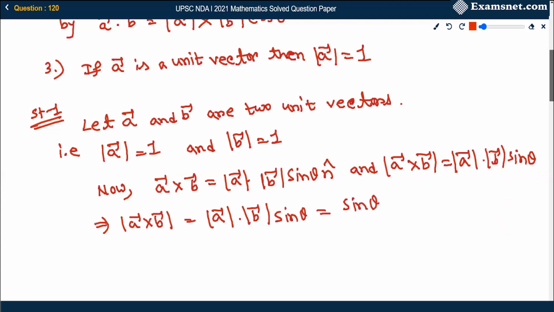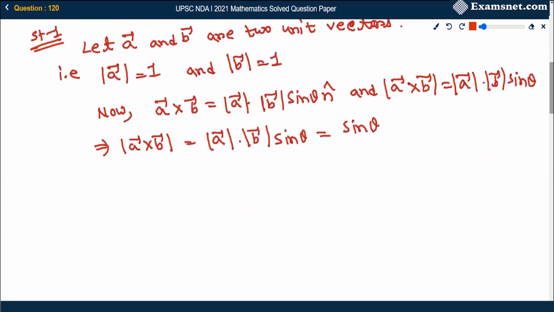But we know the value of sin theta, the range of the sin theta is -1 to 1. Value lies between -1 to 1.